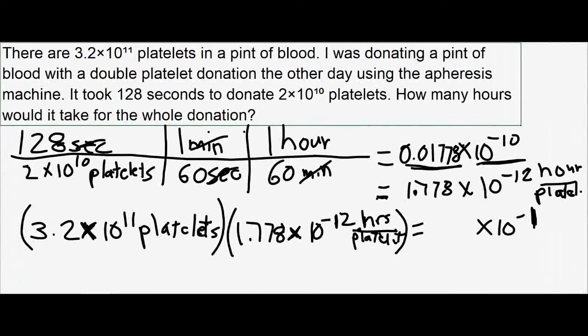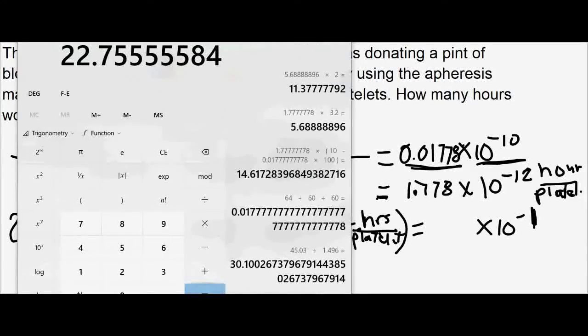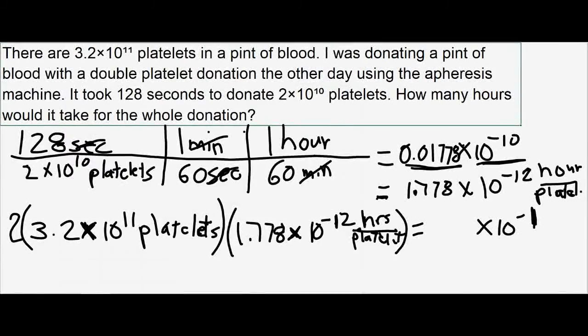Come on. And I forgot what I got. 11.3. Whoops. And I multiply that by 10 to the minus 1, and this is hours.